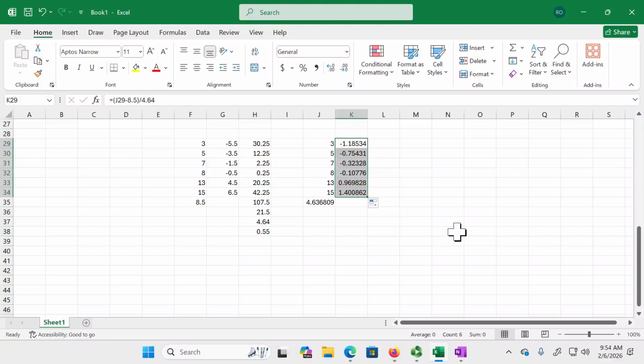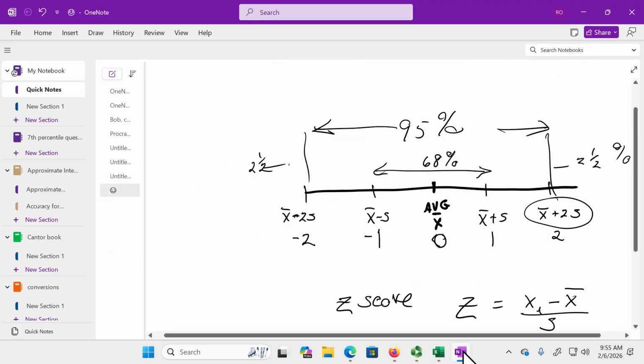This is the basic bet in statistics. 1 standard deviation up, 1 down, 68% bet. 2 standard deviations up, 2 standard deviations down, 95% bet. What's the bet in here?